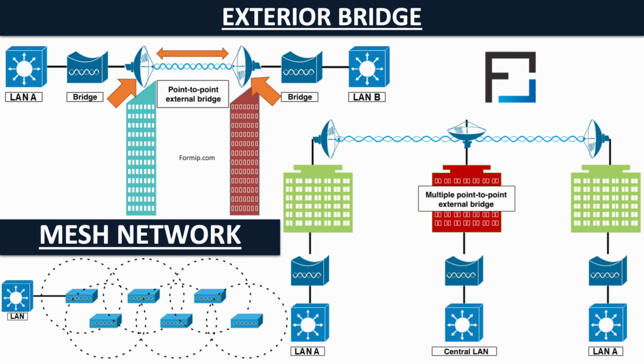The last type of topology we're going to look at is the mesh network. To provide wireless coverage over a very large area, it is not always practical to wire all access points via Ethernet. This is where the mesh mode comes in. In this type, several APs will be configured in mesh mode. Here, the wireless traffic will then be bridged from AP to AP, like a daisy chain, even using different channels.